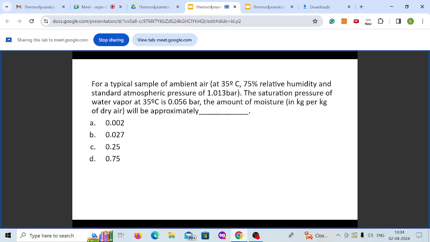The amount of moisture in kg per kg of dry air will be approximately?